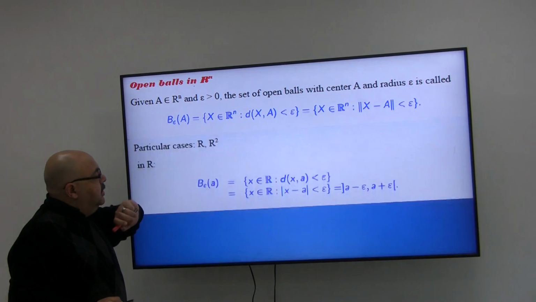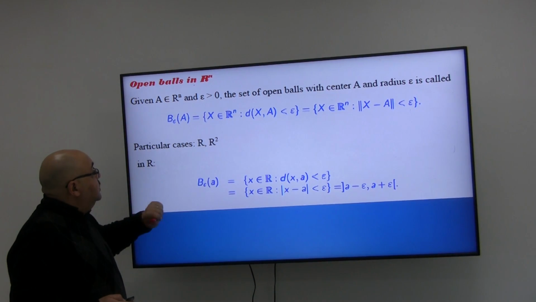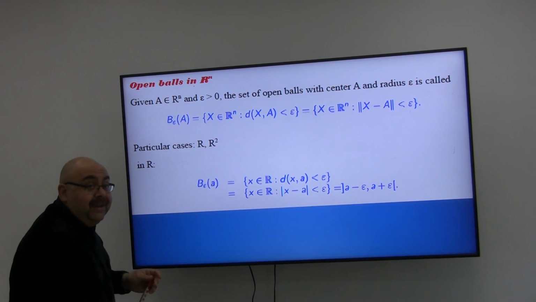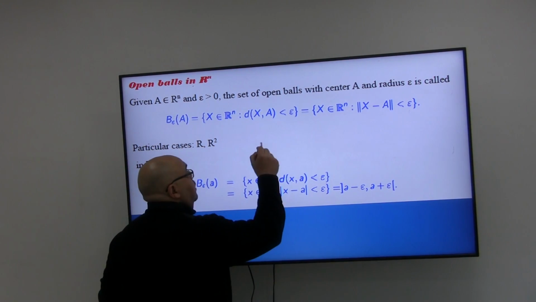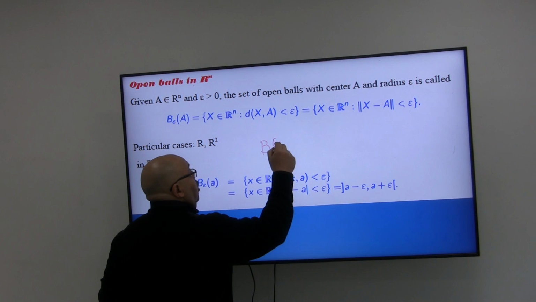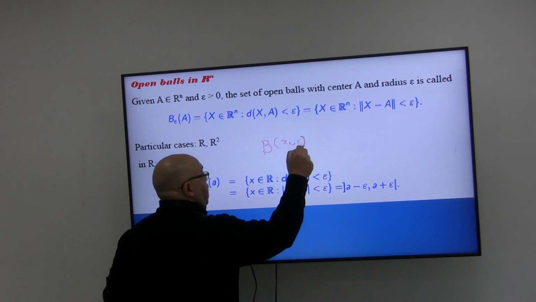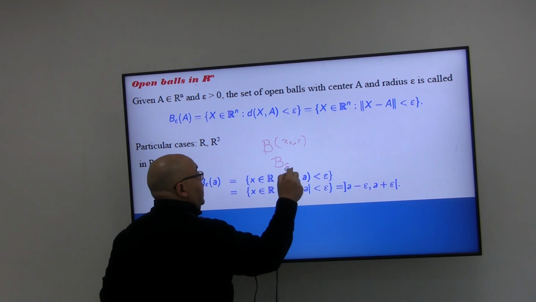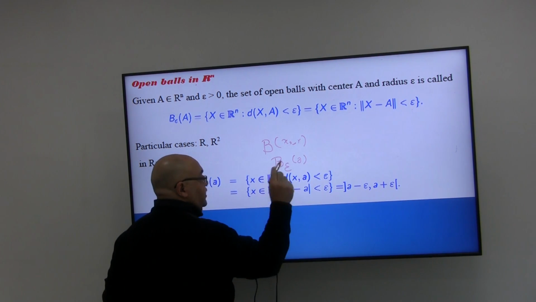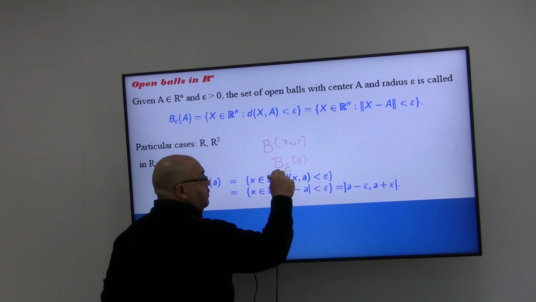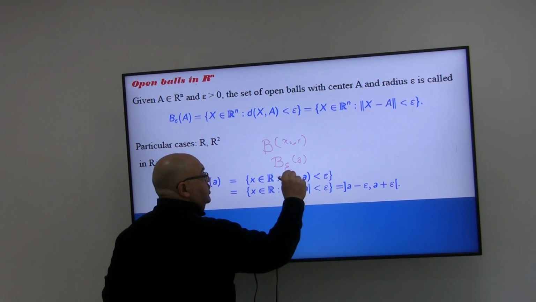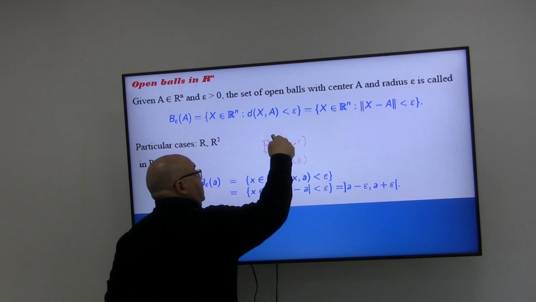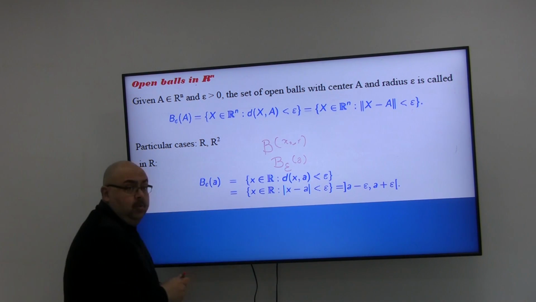What's that definition of open ball? How is it written in our main slides? Usually we can also symbolize it by this. So I can symbolize the open ball by writing B of x naught and r, and also we can symbolize it by B epsilon at A, which means an open ball centered at A with radius equal to epsilon, or an open ball centered at x naught with radius equal to r.